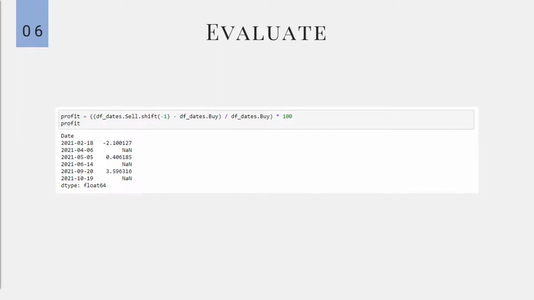So the first trade would have been a minus 2%, so it would be a loss. The second trade would give us a profit of 0.4%, and the last trade would have given us a 3.6% profit. Maybe a word on how we calculate this.